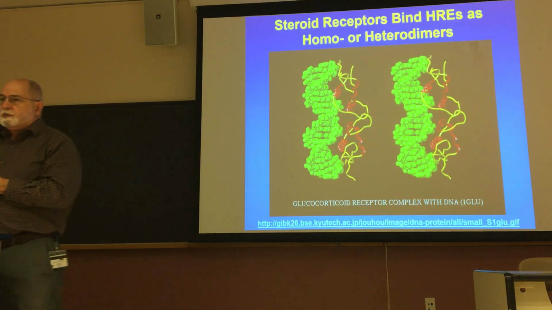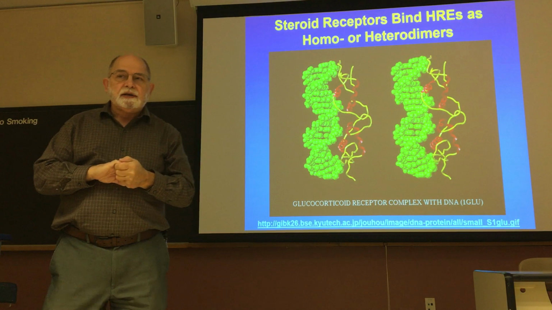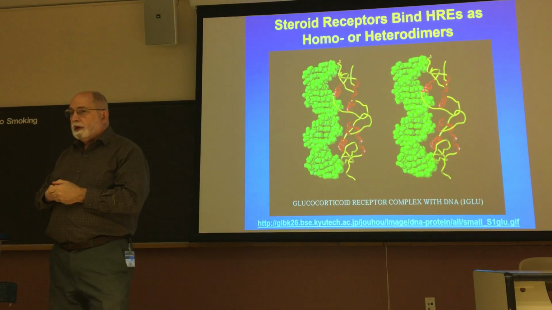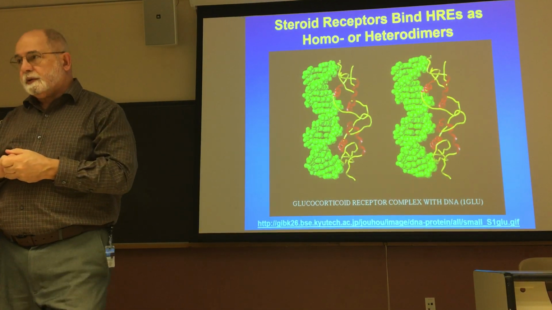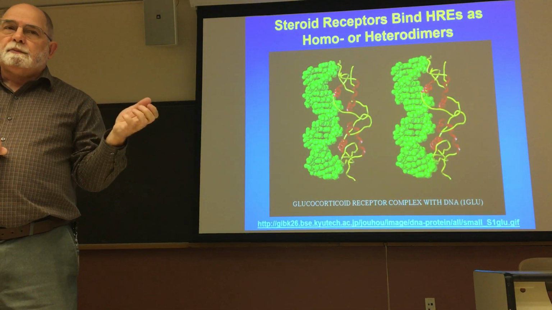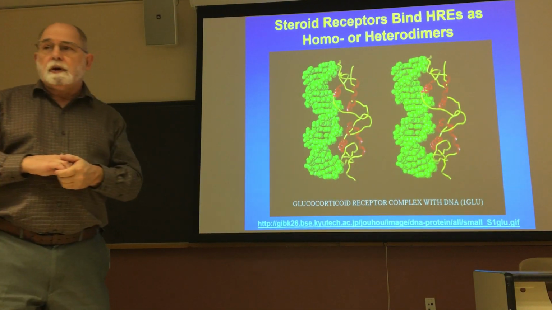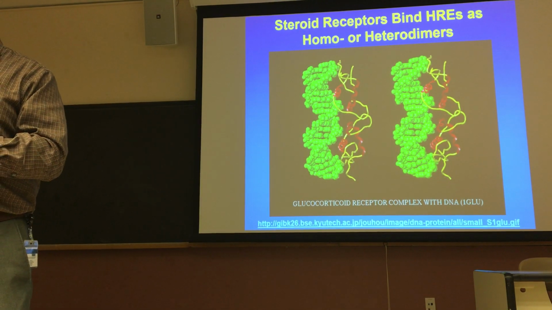All of those receptors I showed you in the last slide have a tendency to bind DNA as homodimers. They can also form heterodimers. So one half of the pair can be a glucocorticoid receptor. The other half could be a vitamin D receptor.